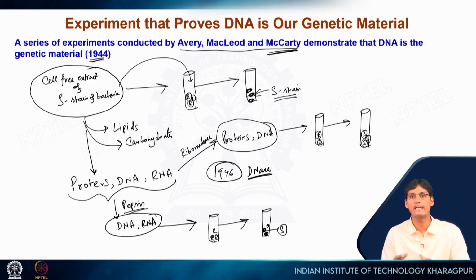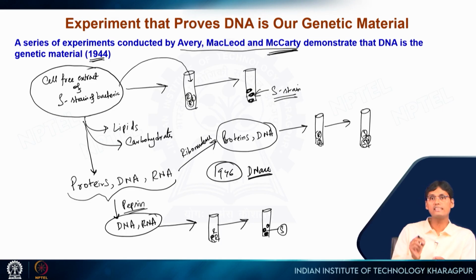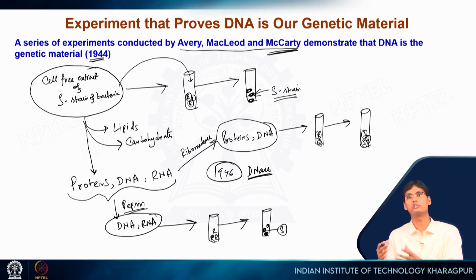So it establishes that DNA is the genetic material. The information present in DNA transforms the character of R cells into S cells, so they can produce a polysaccharide layer on the surface.